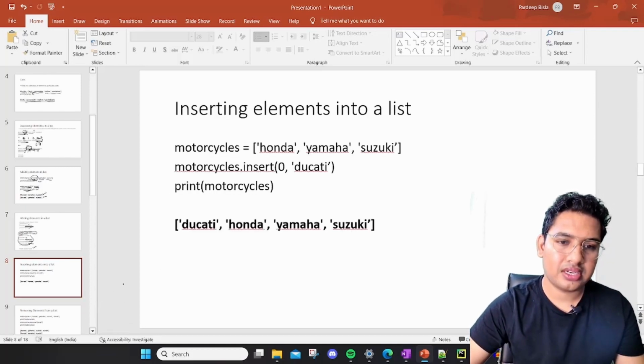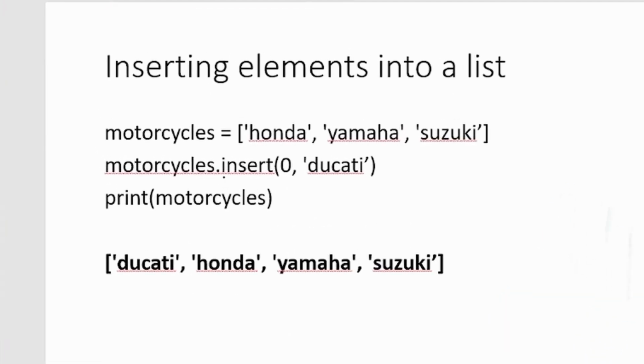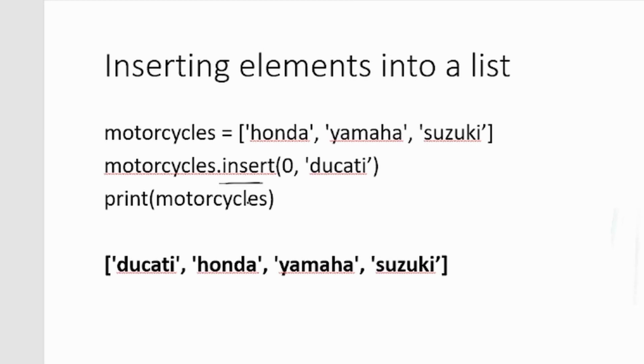Adding is done. We can also use the insert method. Append inserts a value at the end of our list, but if you want to add at a particular index, you can use the insert method. In this list, I want to add the Ducati element at 0th index, which means at the first position.